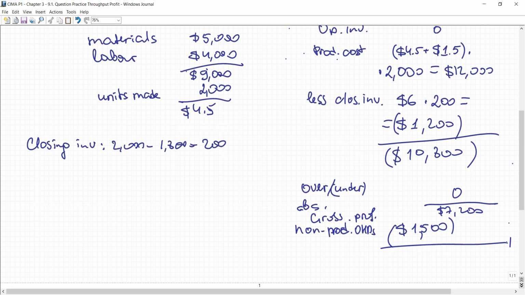Okay, so subtracting overheads from that, it gives us 5,700. So this is profit under absorption costing.